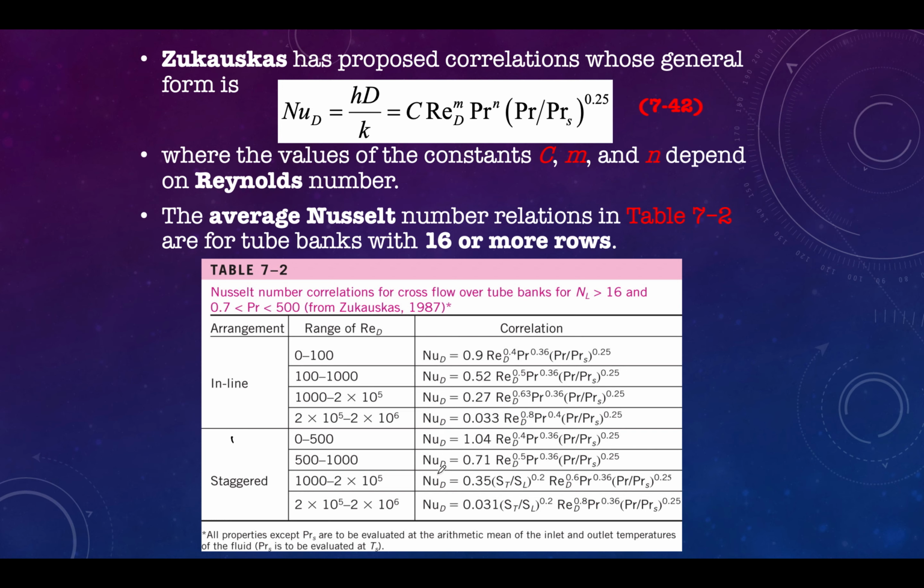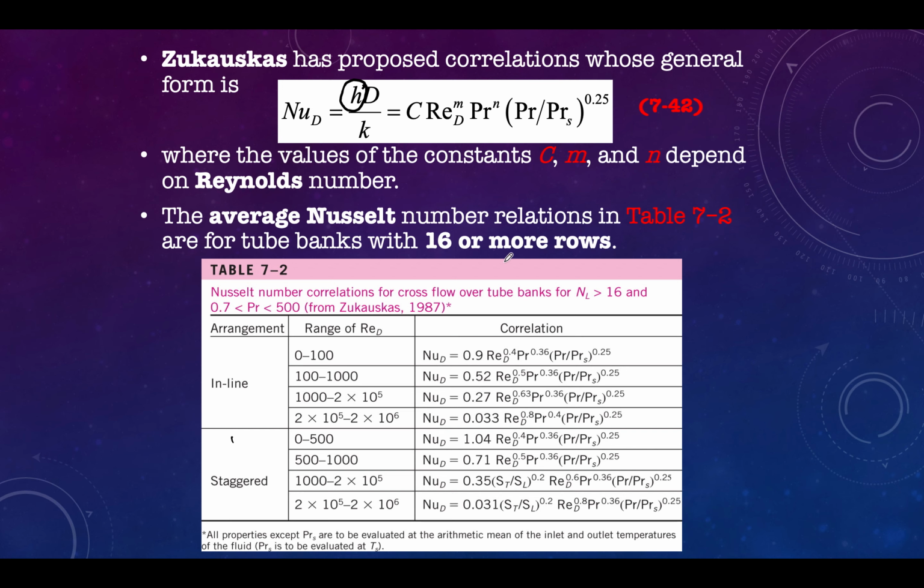Then after that, if you want to find the H, you need to equate with hD over k to determine the heat transfer coefficient, so the value of h. Normally we want to find the h value.